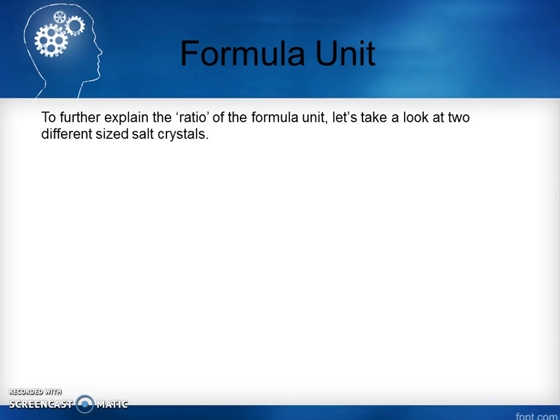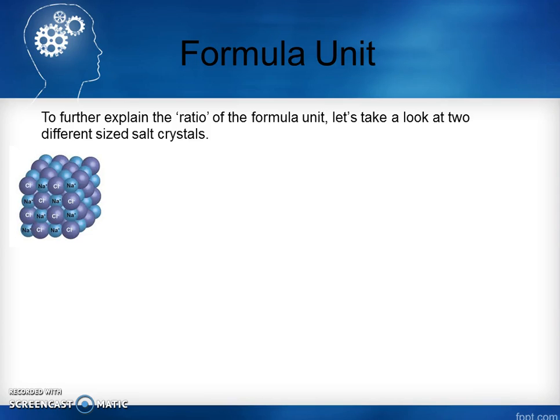To further explain the ratio of the formula unit, let's take a look at two different sized salt crystals. So in this first crystal, if we were to count the number of chlorines, we would see here that we have 1, 2, 3, 4, 5, 6, 7, 8 chlorines to 1, 2, 3, 4, 5, 6, 7, 8 sodiums. Now that's on the front face.